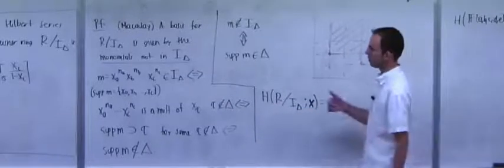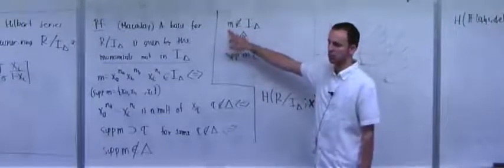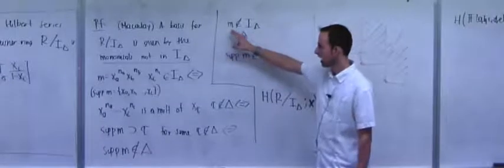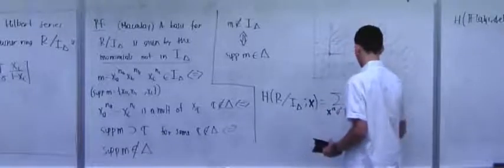Now, what does the monomial m contribute to? M looks like this, right? Its degree is n_a, n_b, and n_c. And so if you think about this, what I'm looking at computing here is the summation over these guys, which don't live in I delta.